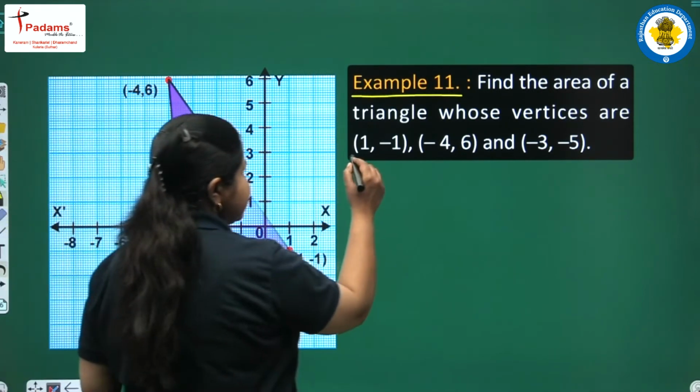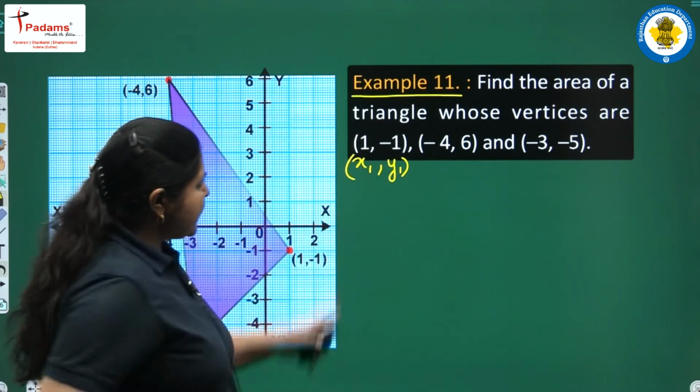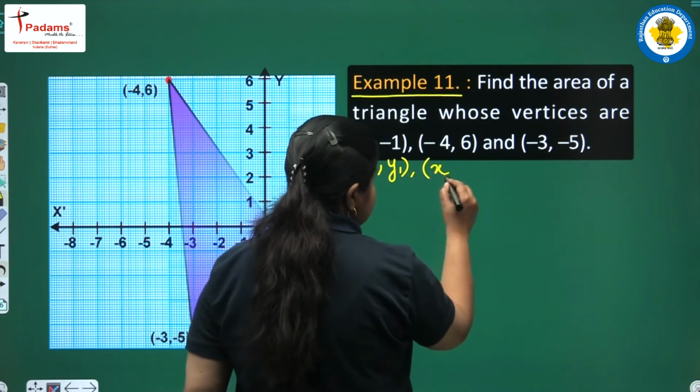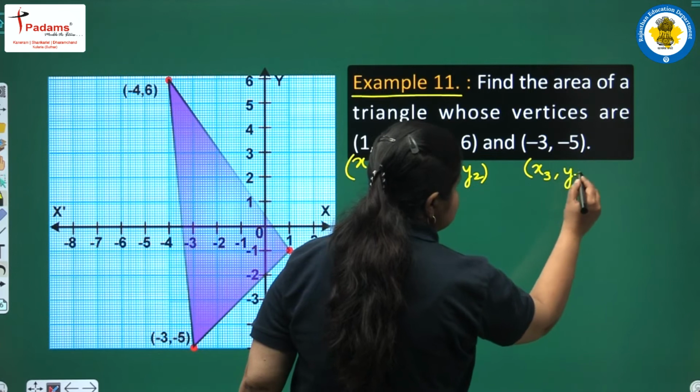Let us take the first vertex coordinates as x1 y1. Then we take the next as x2 y2 and let us take the last as x3 y3.